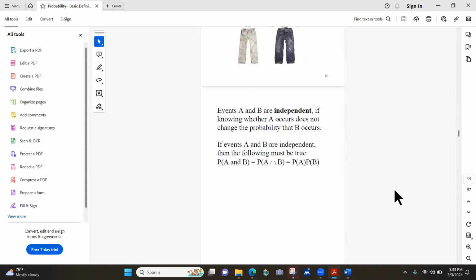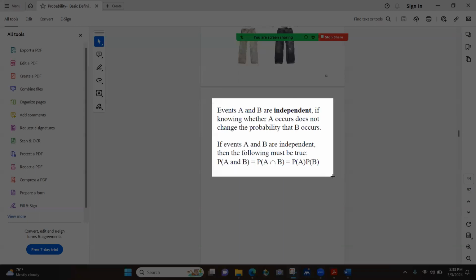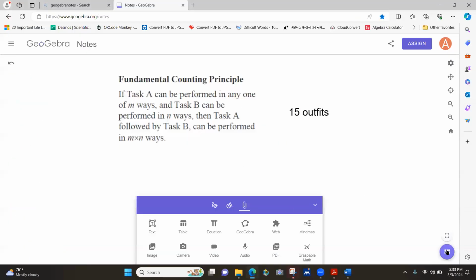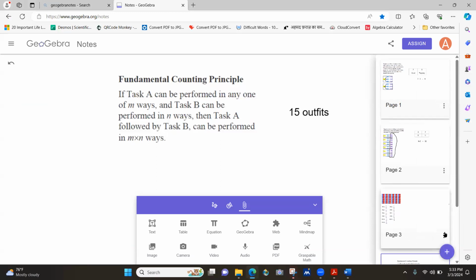What are independent events? Okay, 2 events.